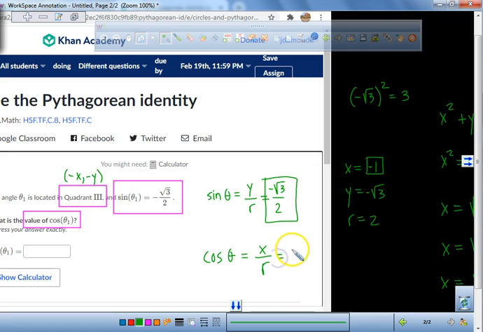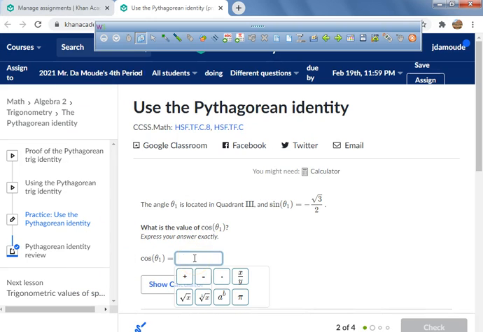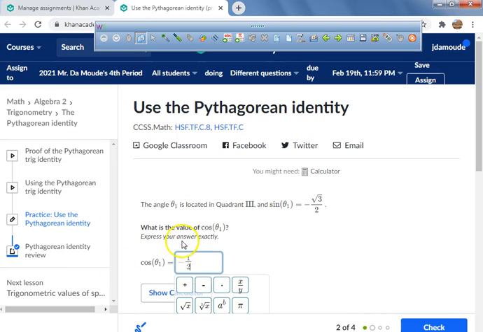So what am I going to put? Negative 1 over 2. Whew, this is where you've got to be very, very careful. The quadrant determines whether the x value is going to be positive or negative. So I'm going to type in negative 1 over 2. There we go. Remember, it says express your answer exactly.